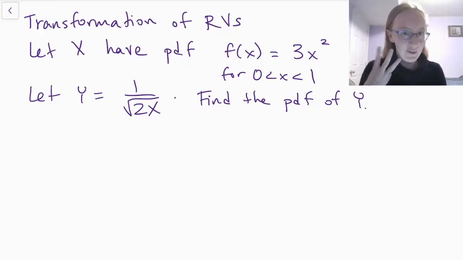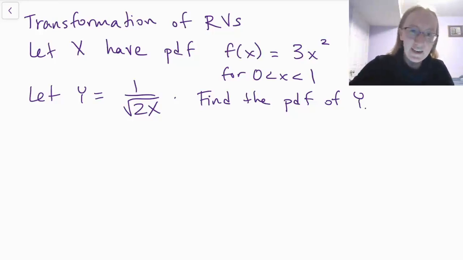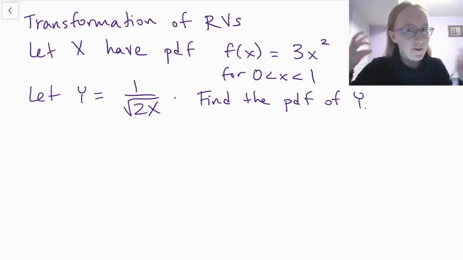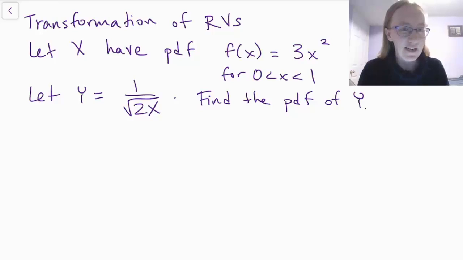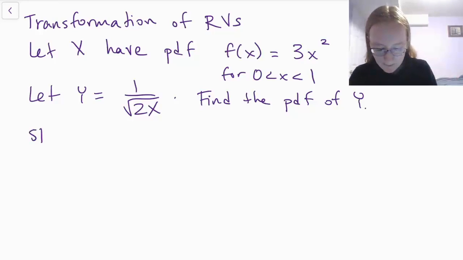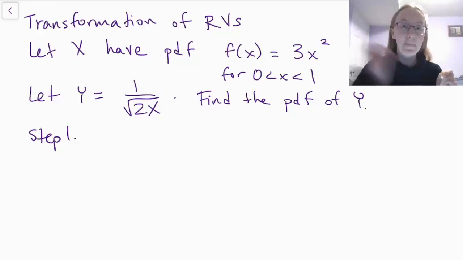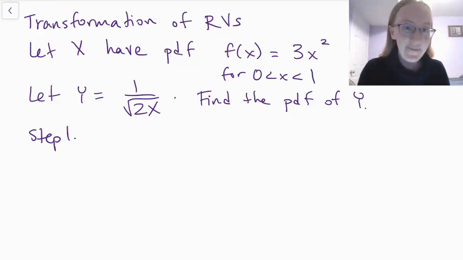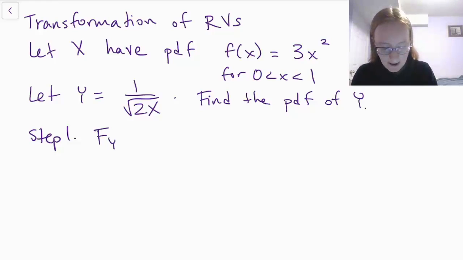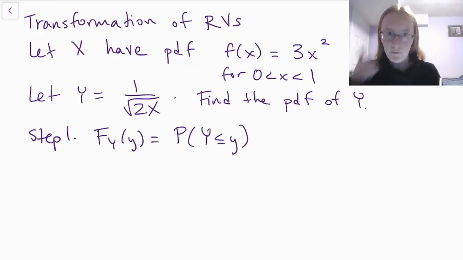So remember, we want this 3-step process for doing a transformation. Usually I say you can do it by intuition if you have an intuition, but for transformations of random variables, it's so tricky to know when your intuition is right and when it's wrong that I always recommend just following the 3-step process. So step 1, we write the CDF of Y in terms of the CDF of X. So big F sub Y of y is the probability that Y is less than or equal to little y.